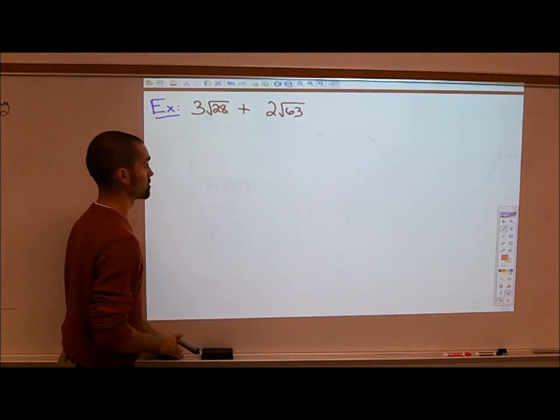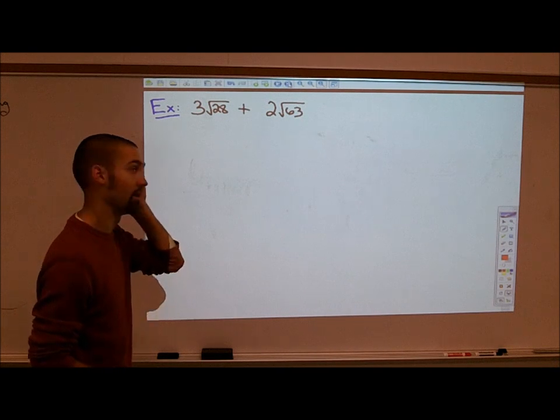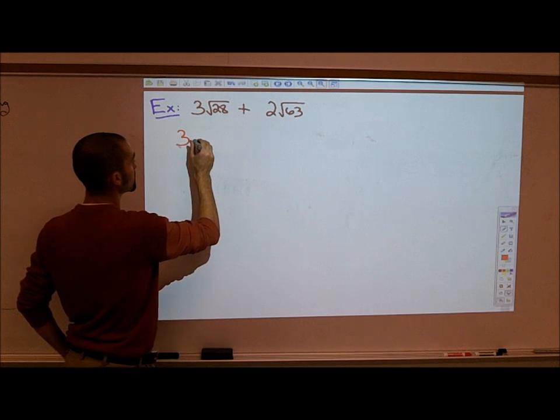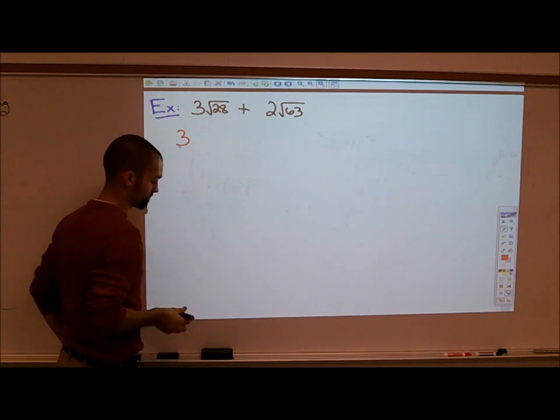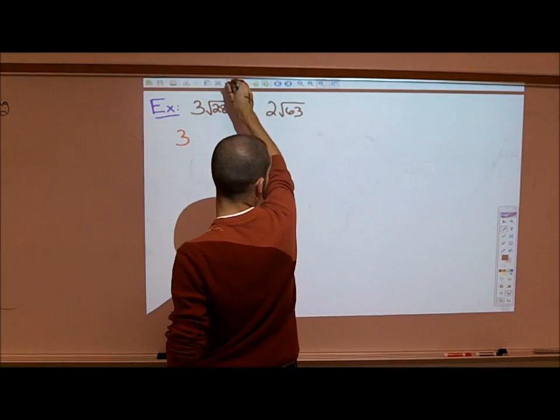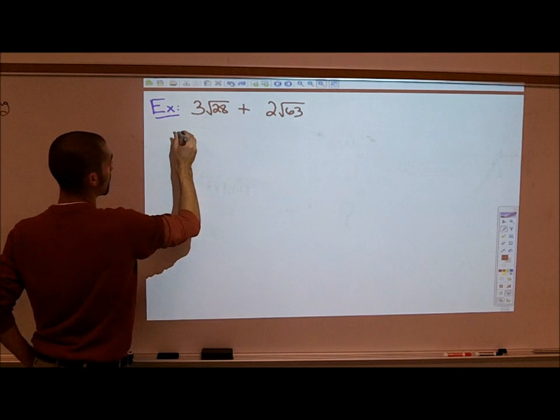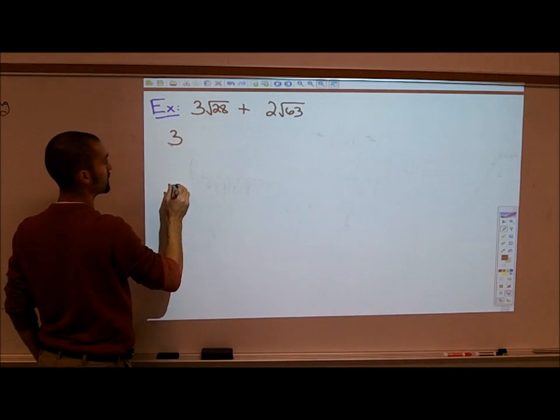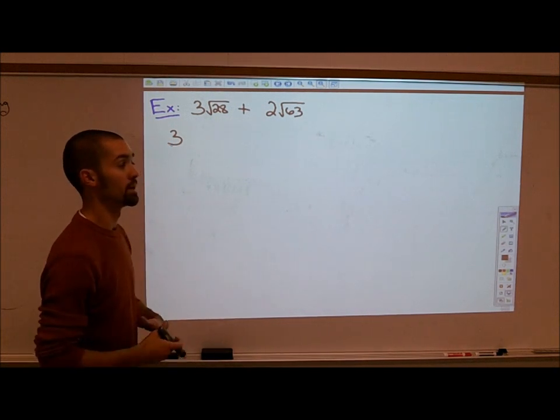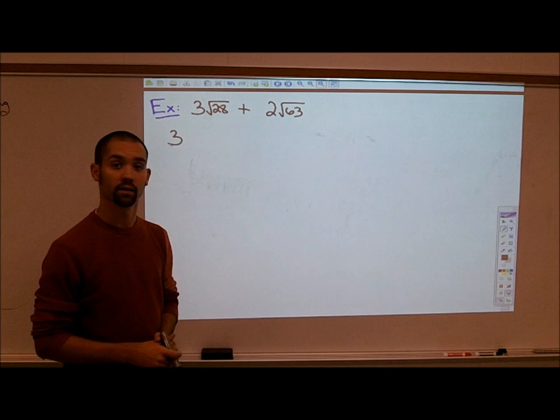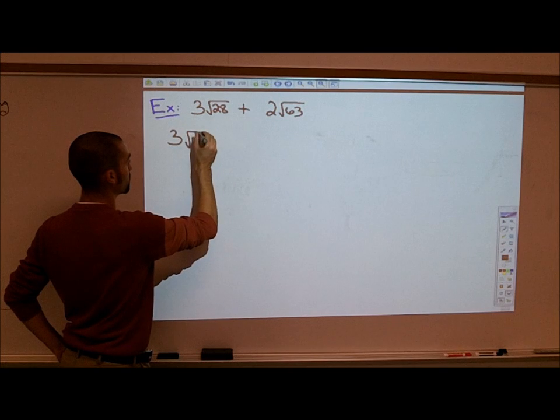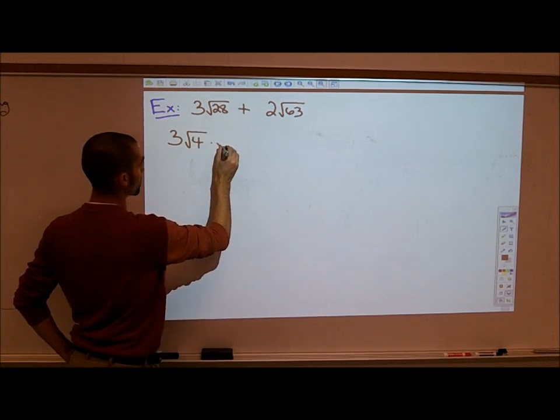Okay, I take a look at this first one. All right, I've got 3 and the square root of 28. Is 28 a perfect square? No. Is there a perfect square that goes into 28? You bet. 4 goes into 28, so this is 3 times the square root of 4 times the square root of 7.